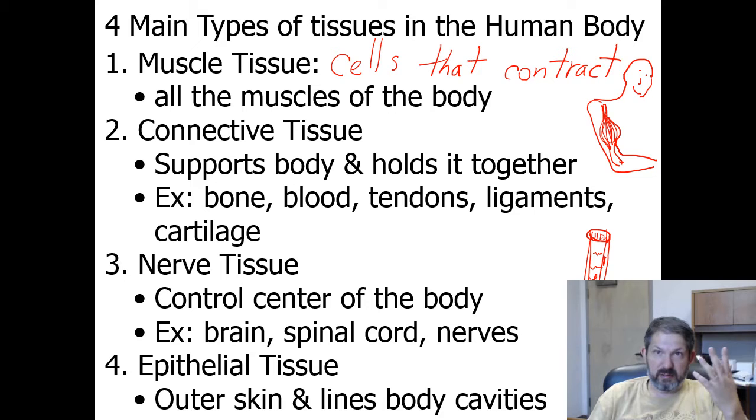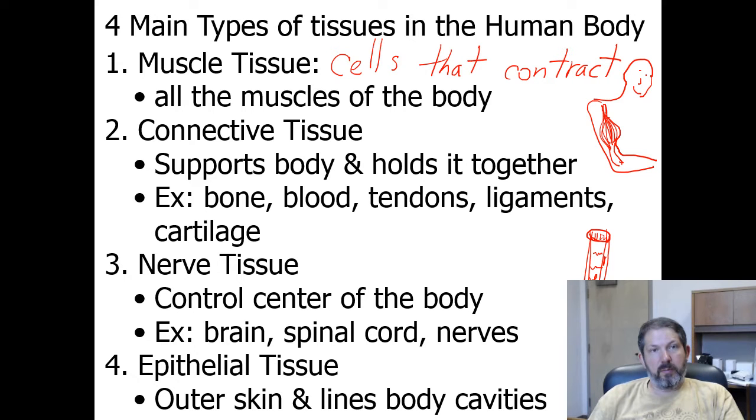Blood doesn't seem like a connective tissue, and it's certainly not solid. It's a liquid connective tissue, but blood is actually a connective tissue. And cartilage, like in your nose or in your ear, or at the ends of your bones in your joints, that's also connective tissue.